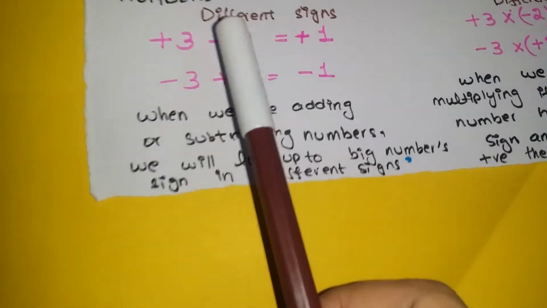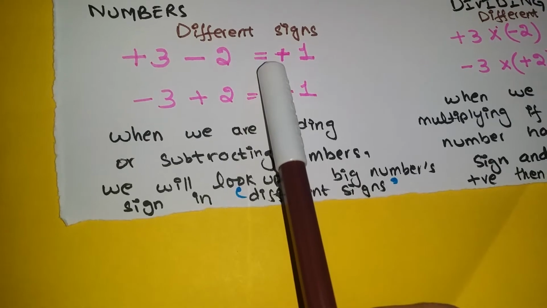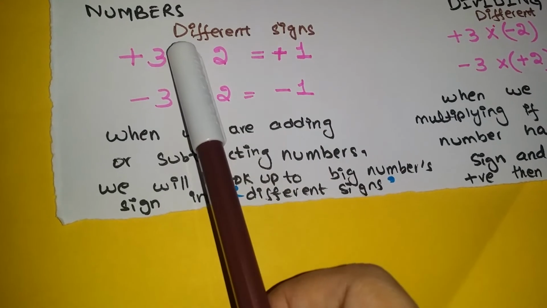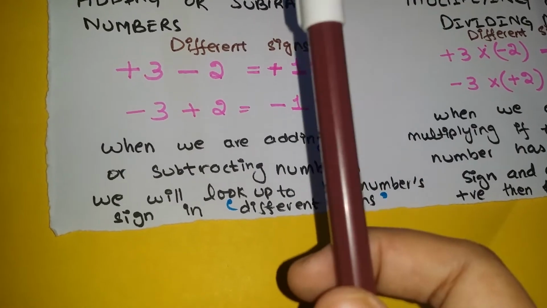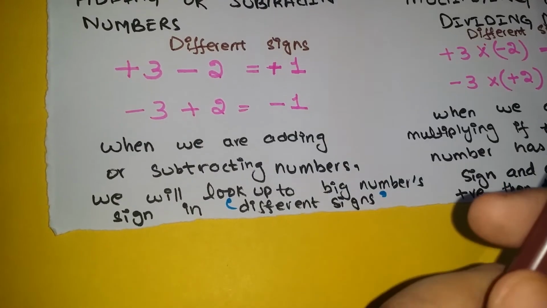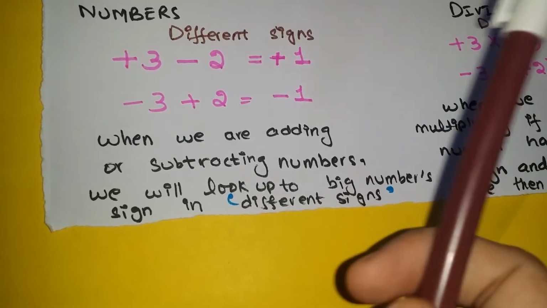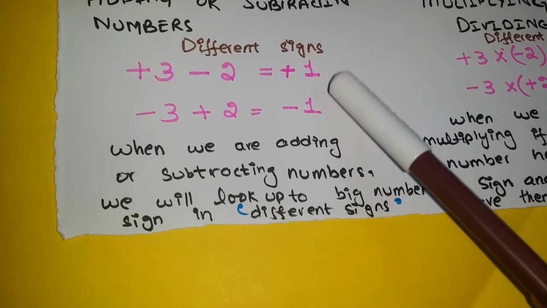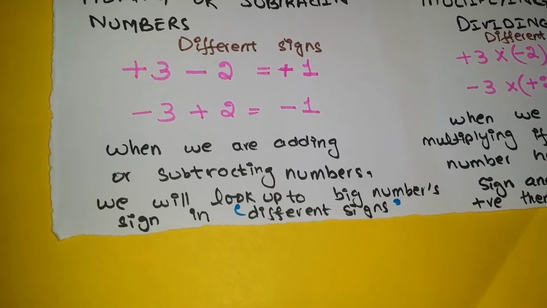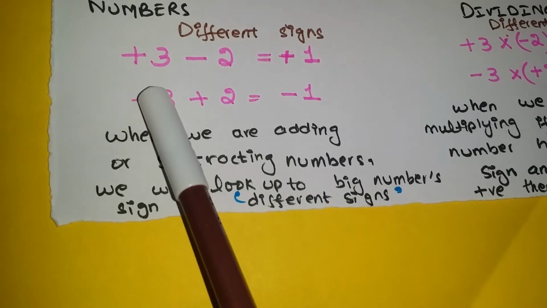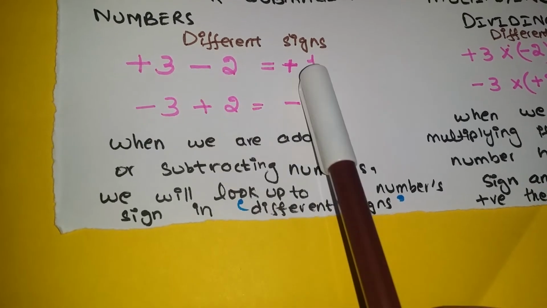Okay, so different signs, plus 3 minus 2 will become plus minus, and they are different signs. As I told you before, we apply four operands, that is plus, minus, multiplication and division, on integers, and we will see what result we will have. So plus 3 and minus 2 will become plus 1.